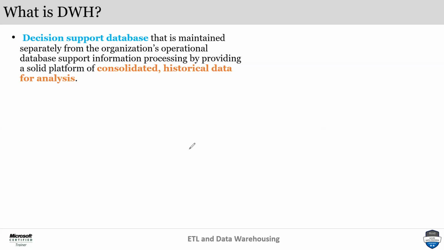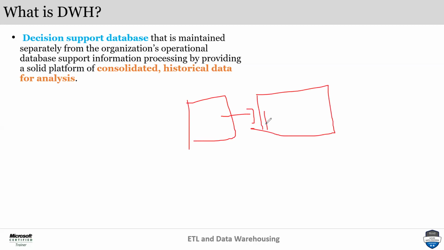That means whatever data we are getting from this database, a separate database will be maintained, which will have all the consolidated information and will be used for reporting purposes. So this is the database, say suppose, and this is the data warehouse. Say suppose it has 100 tables.